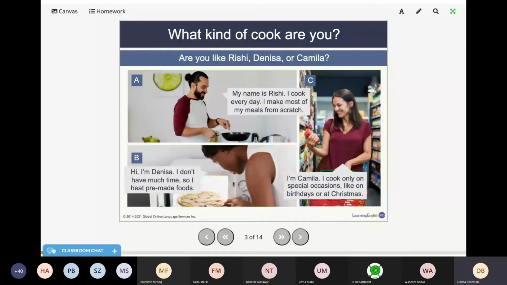Is this a norm in your culture, or does it depend on what else is going on? Do you know people who only cook for special events? Often those people have 1 or 2 dishes that everyone knows and loves, the dishes that they are famous for within their families or groups of friends.